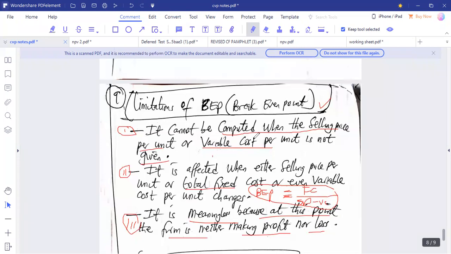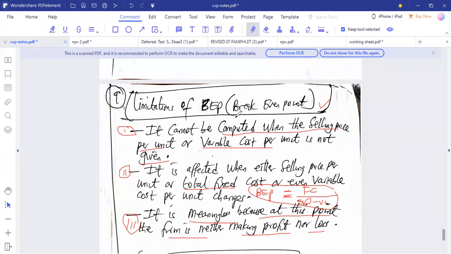If you're not making any profit, it will be very difficult to pay salaries and wages to employees. So it is meaningless. You can even close down at BEP.